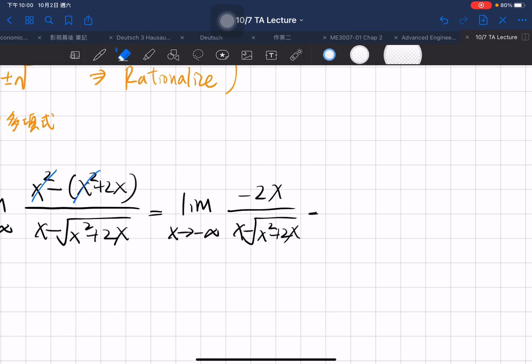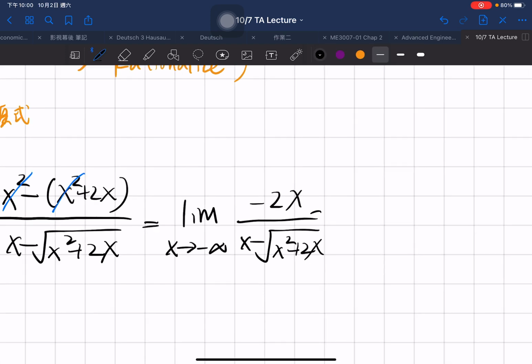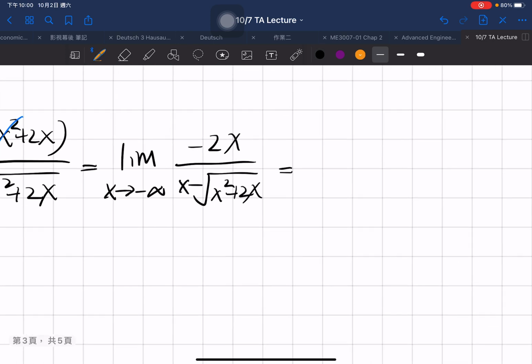Okay, so how do we do it? We now have a form which is relatively solvable, but how to solve it? Now we know that there's a square root here, so we want to take it out. Every time we do the limit, when there's a square root, we want to take it out. But make sure that in this case, the square root of x squared will equal what? The absolute value of x, which actually is minus x, right?